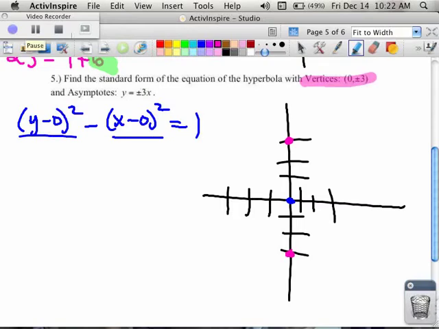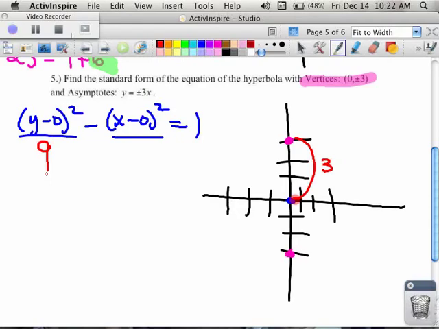Next, in addition to that, I know that since my distance between my center and my vertex is 3 units, the number that goes underneath the y is 9. So now I'm 75% there. And all I really need left is the thing that goes under my x.